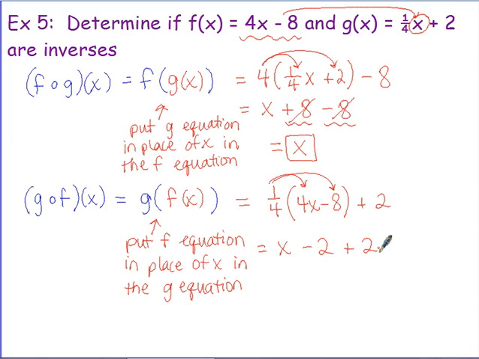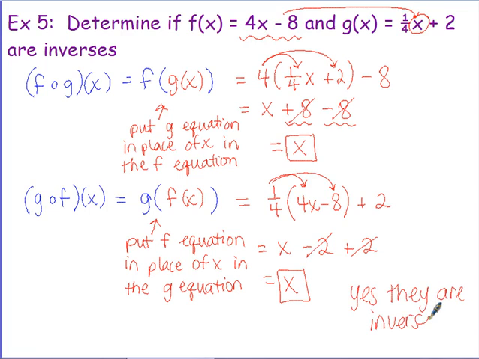As we learned or reviewed, when you have a negative 2 and a positive 2, opposites cancel. That leaves us with x, which is what we wanted. So, determine if they are inverses. We would say, yes, they are inverses. And yes, you have to do both ways to prove that.